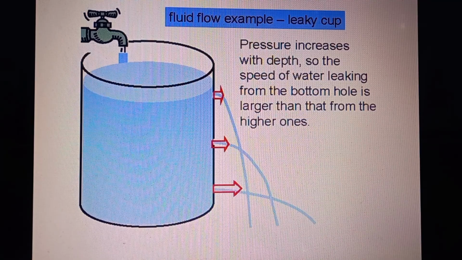So what does it say? It says that the speed of water leaking from the bottom hole is larger than that from the higher ones. So let's now explore further.